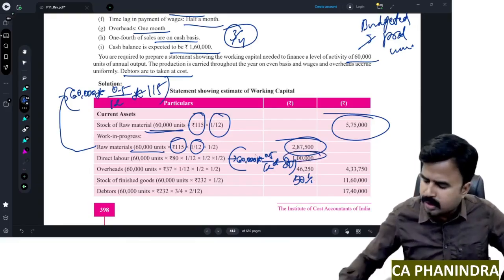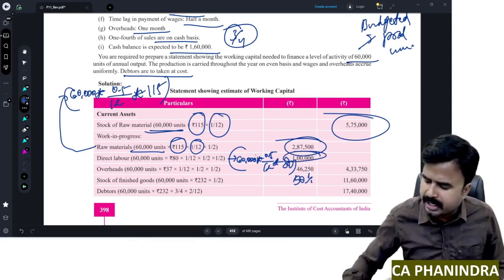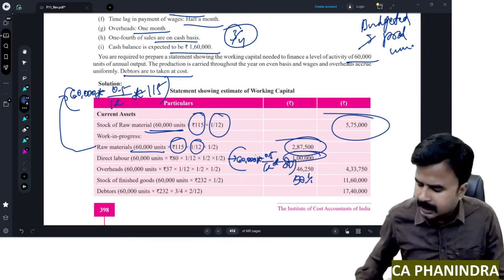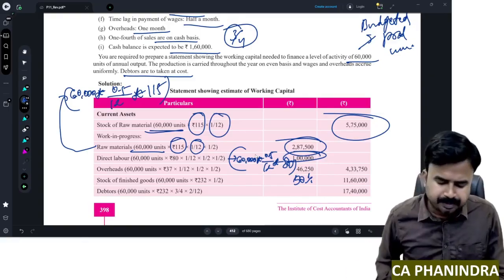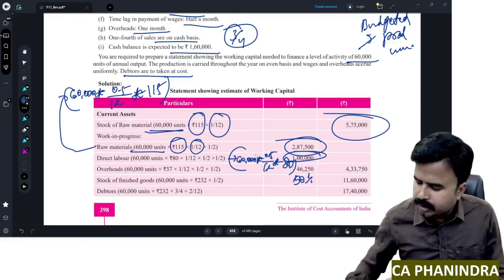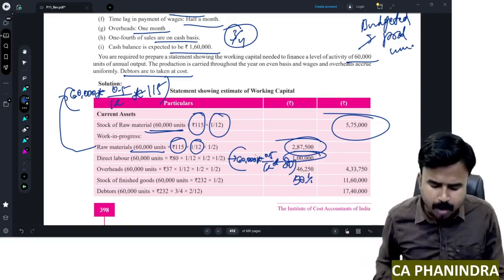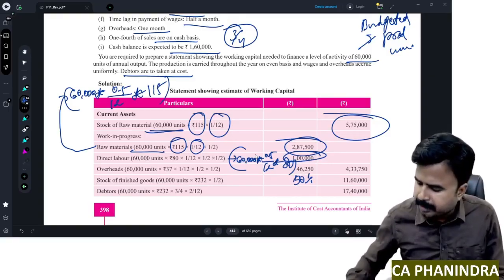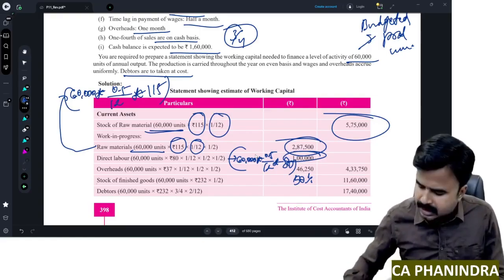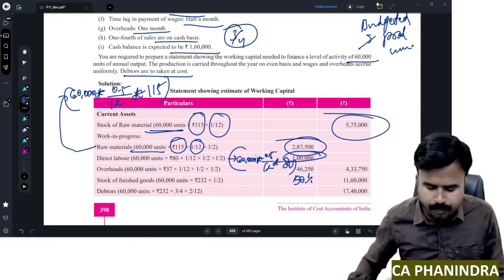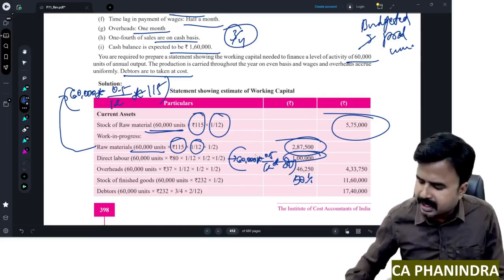Even for overheads, you should write the formula like that. Budgeted production units 60,000 into work in progress holding period 0.5 by 12 into overhead cost per unit 37, because it is blocked for 50% only, into 50%. Let me do it again: 60,000 into 0.5 by 12 into 37, 92,500, into 50%.